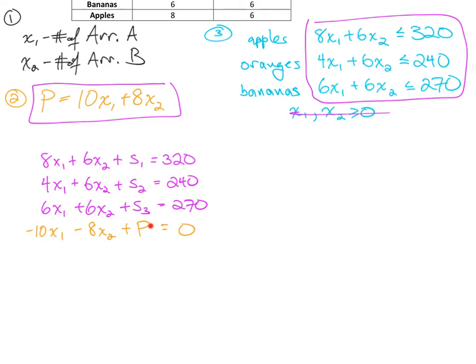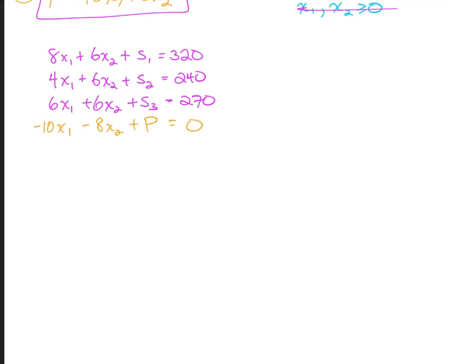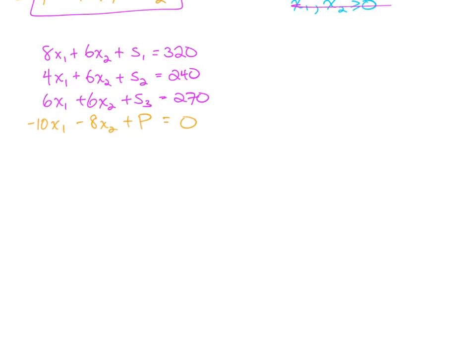Remember, we want a positive p-value. The only other thing left to do here is to change this into an actual matrix. The matrix will look something like this. There is going to be a column for each different variable: x sub 1, x sub 2, s sub 1, s sub 2, s sub 3, and p.